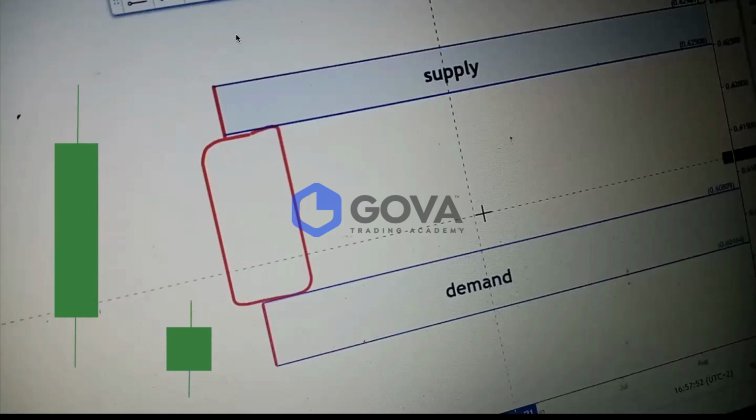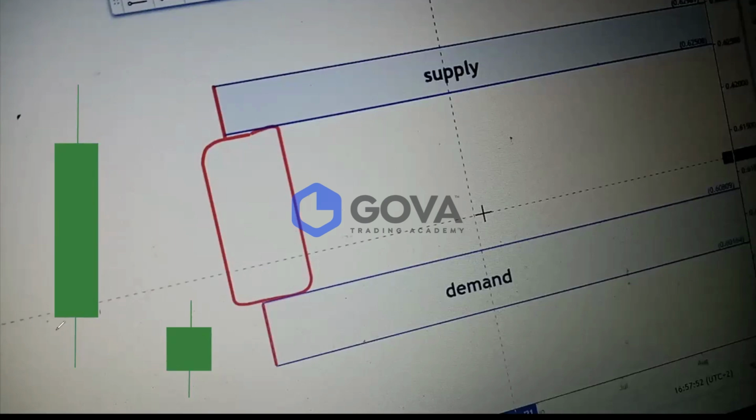So in a buy trade, your yellow zone can be sitting anywhere around here. This is the demand. Remember, this is the opening of the candle. This is the closing of the bullish candle, isn't it? Yes. So your buy trade should be sitting at the bottom.